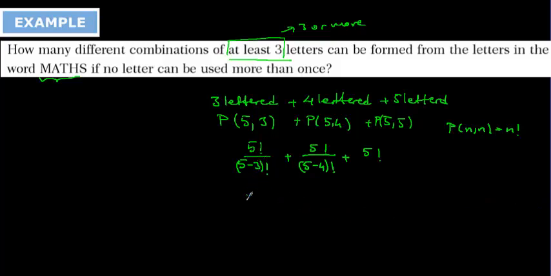So here it's going to be 5 times 4 times 3 times 2 factorial over 2 factorial. In the previous question we found this one, and it is equal to 60.